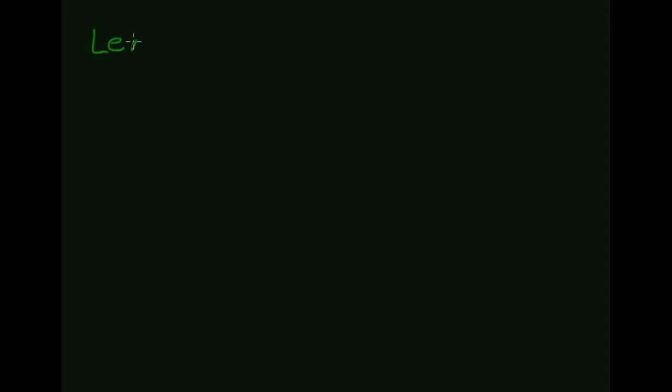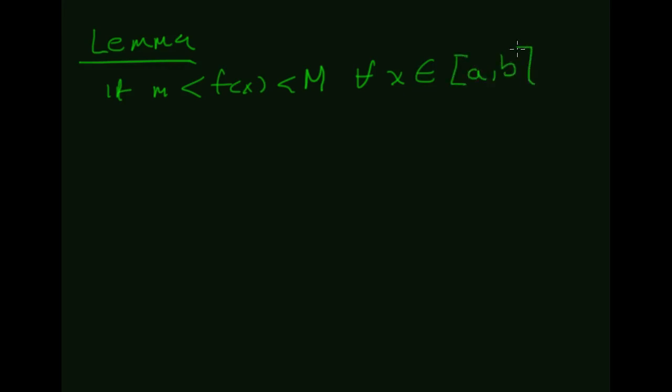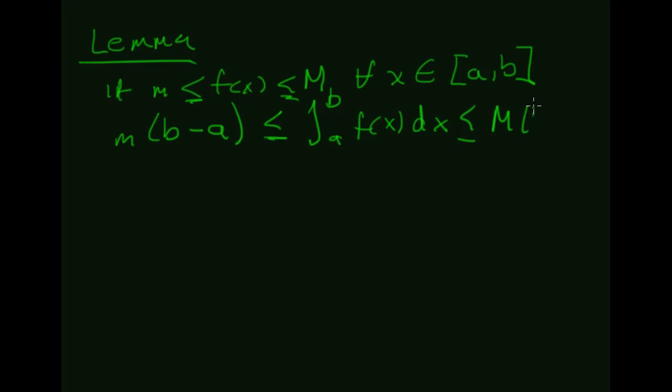In order to prove this, I'm going to need what's called a lemma. My lemma here is that if I can bind f of x between some little m and some big M for all x on the interval AB, then I should know that m times b minus a is less than or equal to the integral from a to b of f of x dx, which is less than or equal to big M times b minus a.